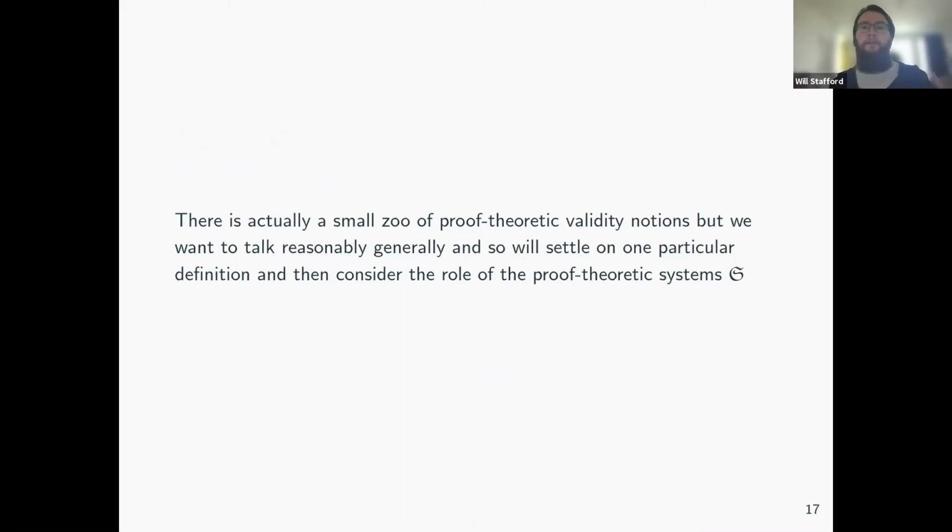So that's basically proof-theoretic validity, or at least one version of it. People have played with basically every single one of the conditions. Some people split the arguments up in different ways, but this will do as a sufficiently general idea of what proof-theoretic validity is for our purposes.